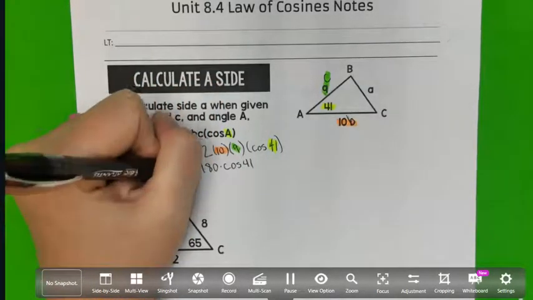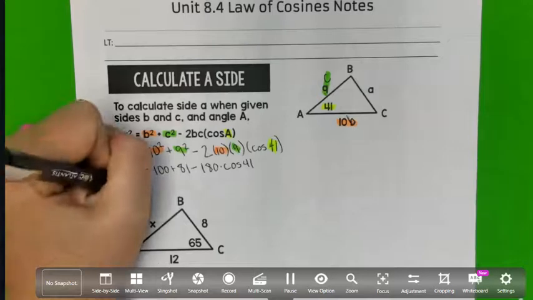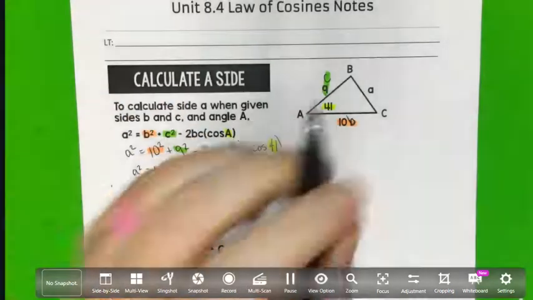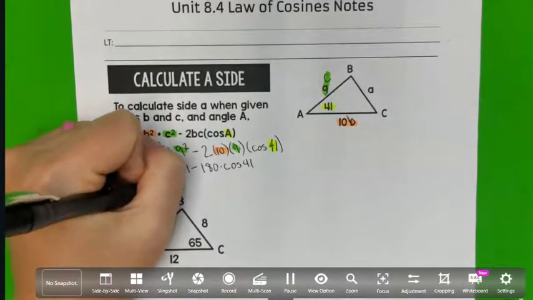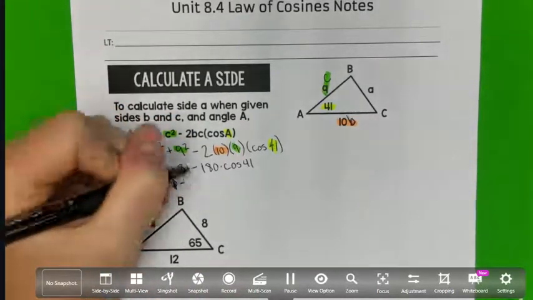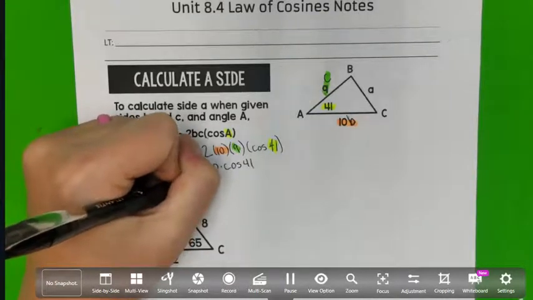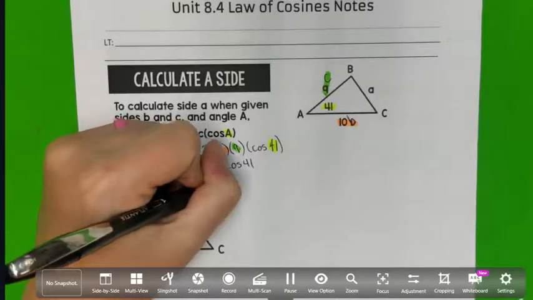This is a subtraction symbol. So A squared equals 181 minus 180 times cosine of 41.